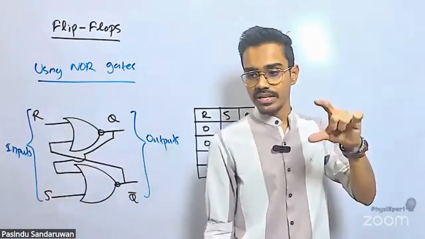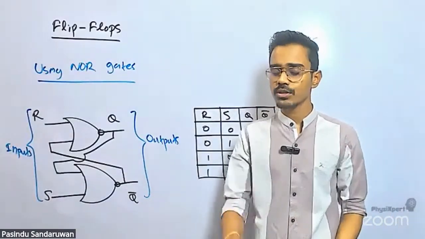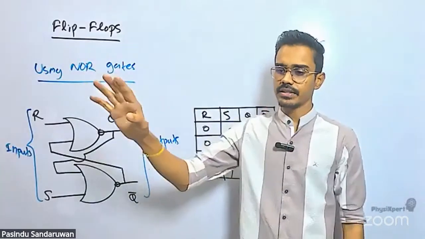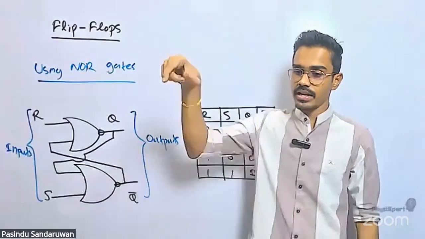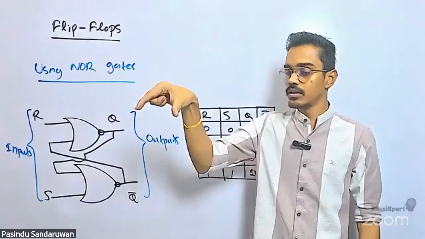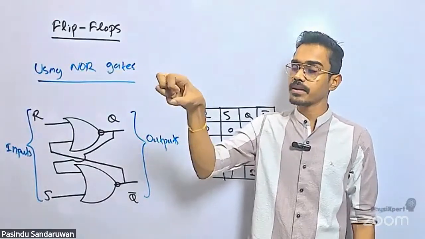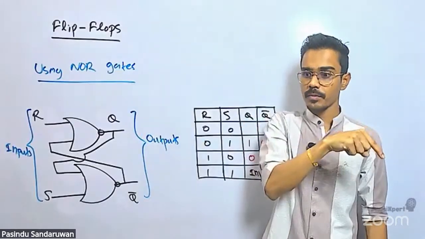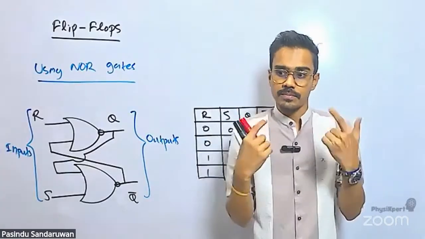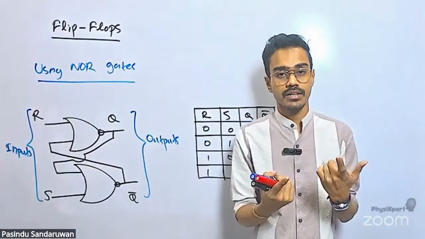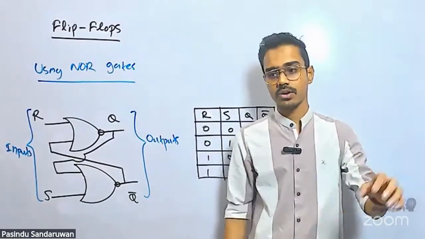Now the remaining line is 0, 0. For 0, 0, the flip-flop cannot be simplified. In that scenario, the flip-flop acts as a memory, and the immediate previous output of the flip-flop is given, which logic gates don't have.